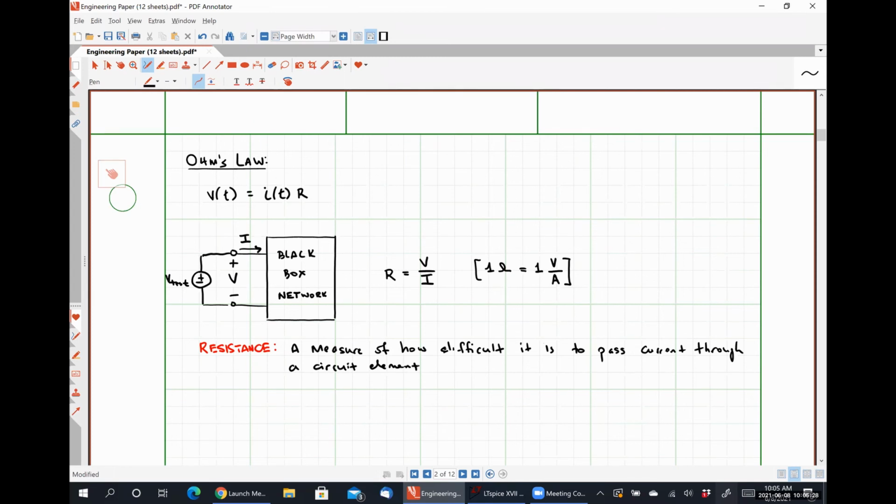So elements with high resistance mean that it's difficult to pass a lot of current through them, and elements with low resistance means that it's particularly easy to pass a lot of current through them.